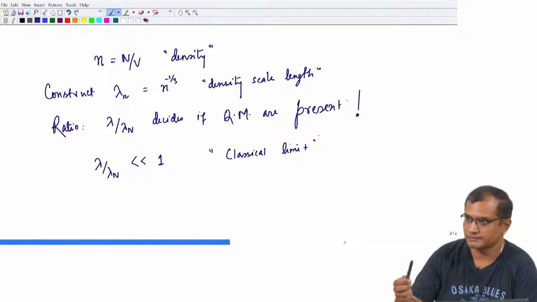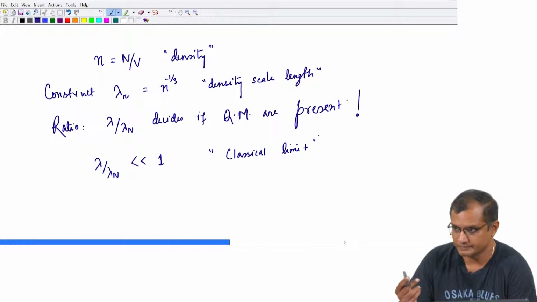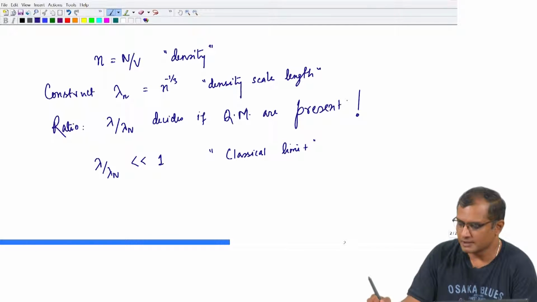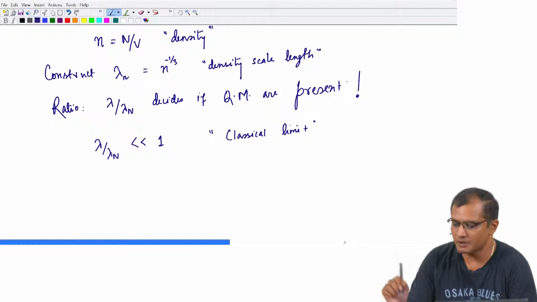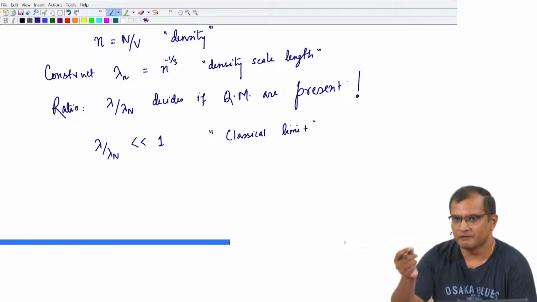Depending on this length scale, can you say anything about distinguishability and indistinguishability? Distinguishability is embedded in quantum mechanics from the property of the wave functions itself.